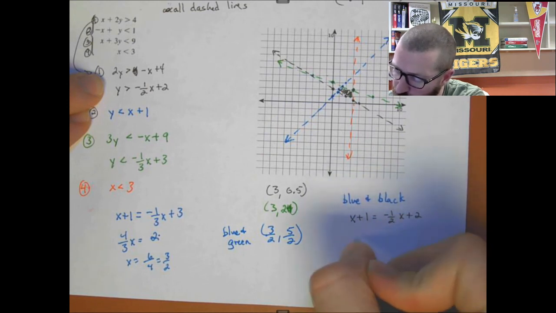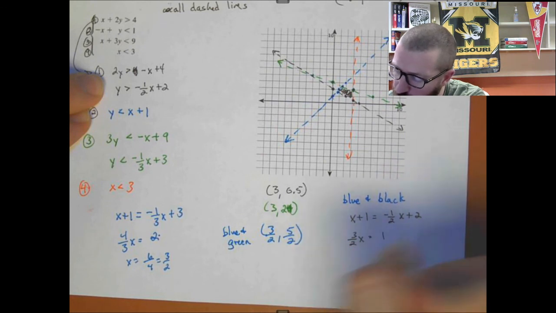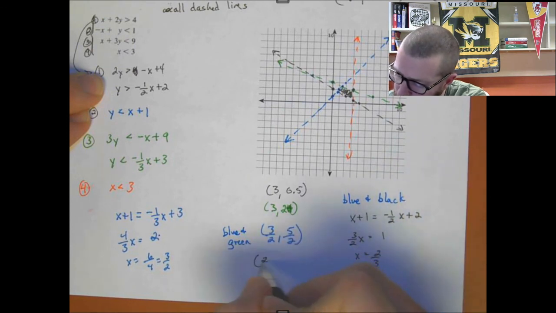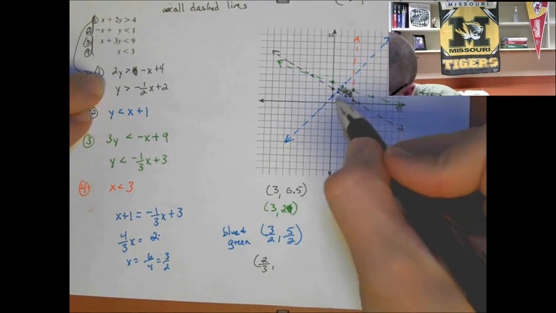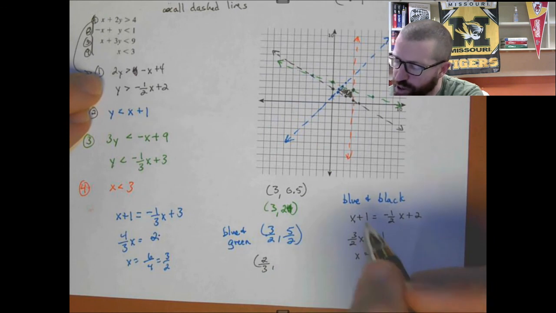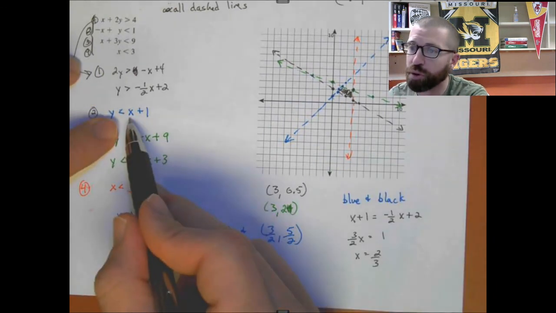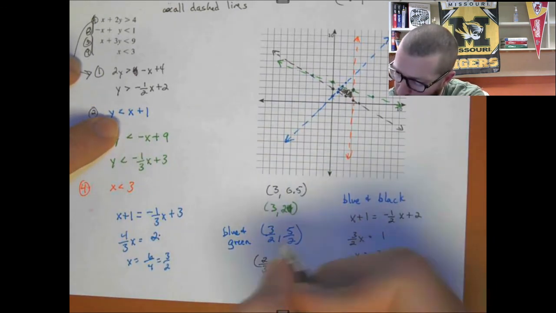So I add 1/2, you get 3/2 x, subtract 1, you get 1, multiply by 2 and divide by 3, and x is 2/3. So that's 2/3, which looks about right. And then when I plug that into either one, 2/3 plus 1 would be 5/3.